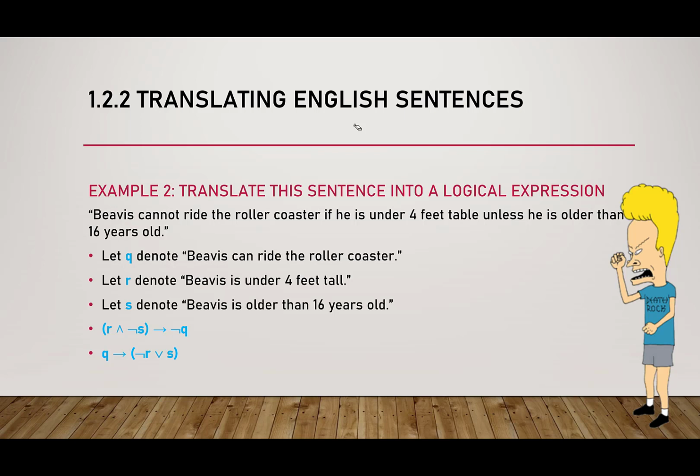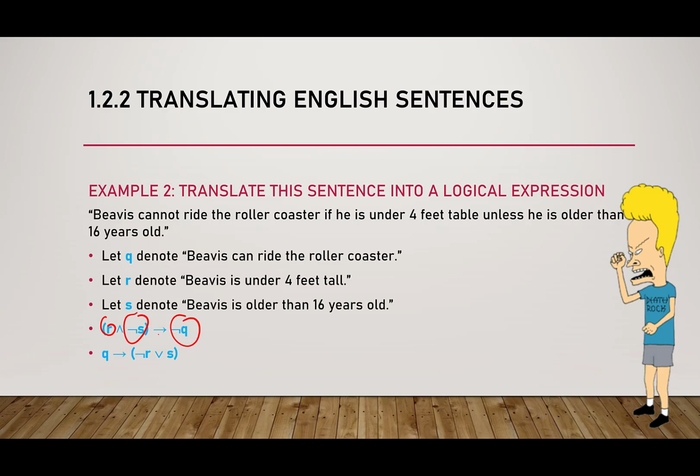What prevents you from riding the roller coaster? Two things, your age and your height, right? If your age is the wrong age, or you're too young, or you're too short, then you cannot ride it. Well, in this case, you are too short because you're under 4 feet, and you're too young because you're not 16.